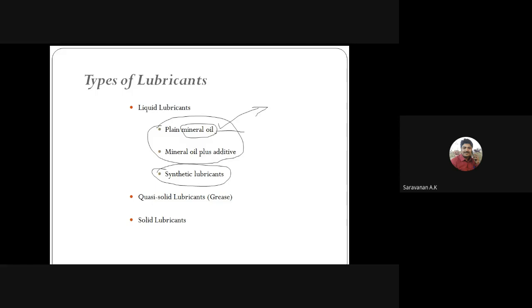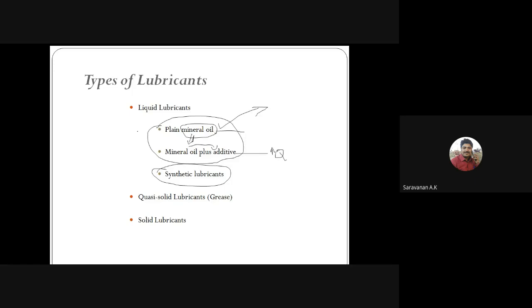The oil obtained from the refinery process is mixed with additive materials, and we get a lubricant of better quality, with improved lubricant characteristics.